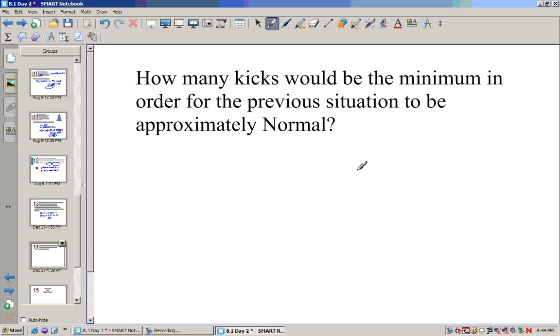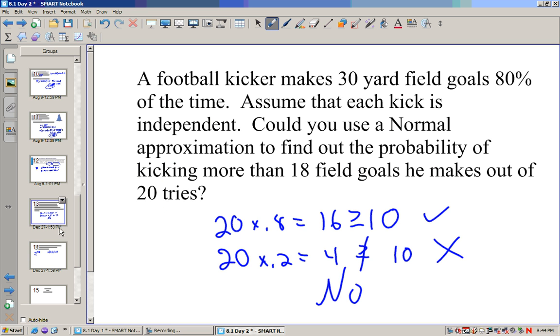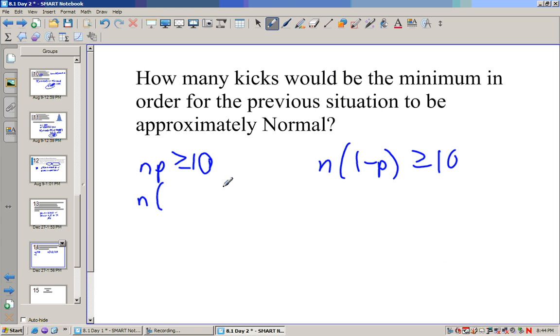How many kicks would be the minimum in order for it to be approximately normal? We'll have to check two equations: np is greater than 10, and n times 1 minus p is greater than 10. Our probability in this situation was 80%. So n times 0.8 is greater than 10, and n times 0.2 is greater than 10.